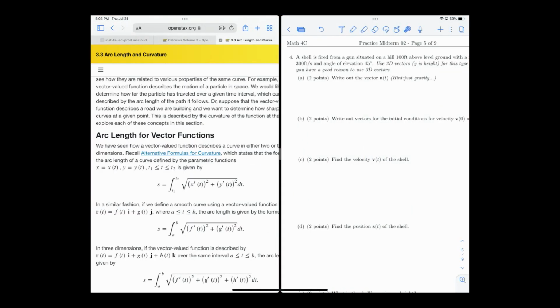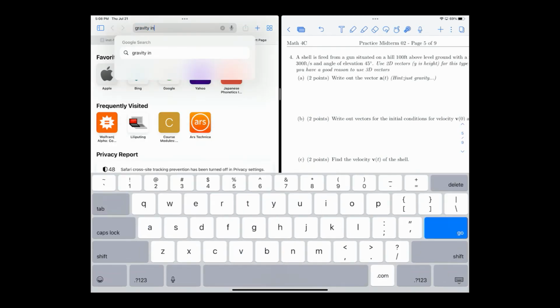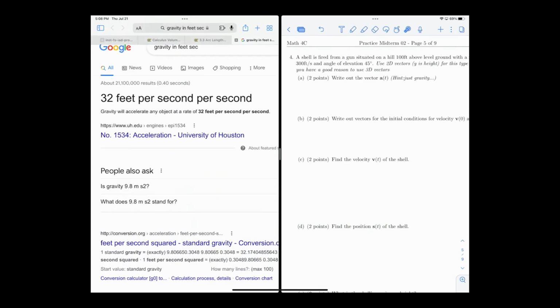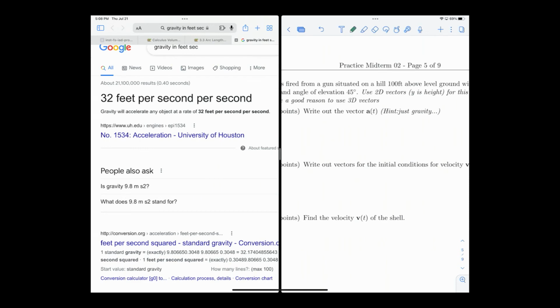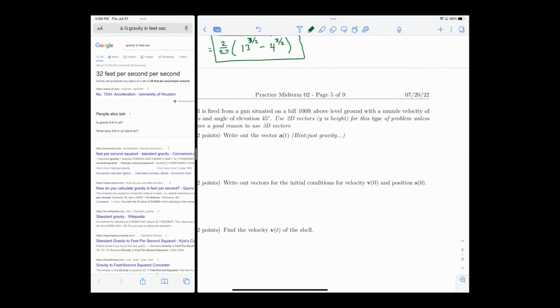So you just go like, negative 32 feet per second squared. So what's a(t)? If we think about this as a vector, and I say to use 2D vectors, we're thinking of the situation where you've got an x-axis and a y-axis.